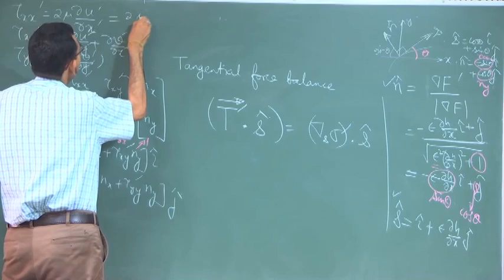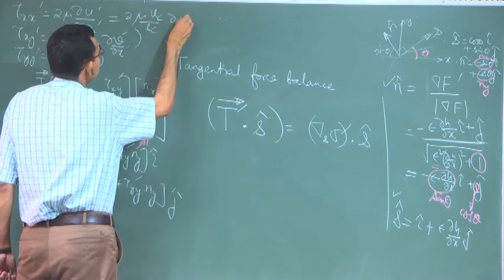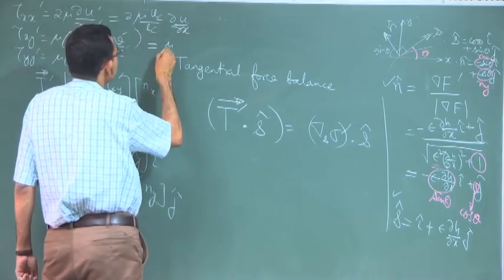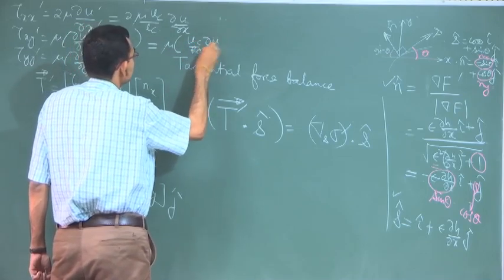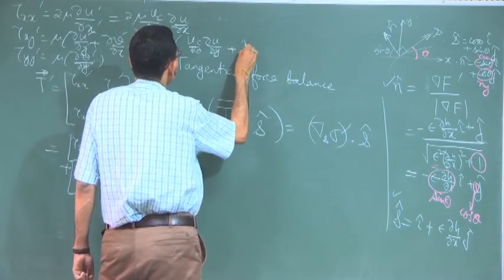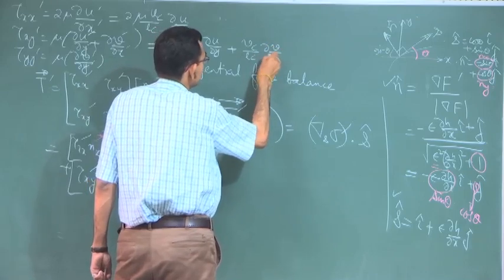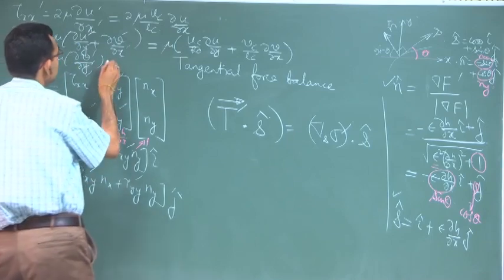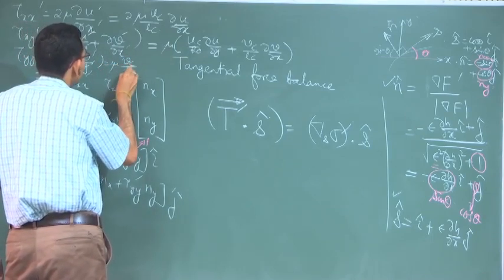So, 2 mu UC by LC, this is mu UC by H naught plus VC by LC and this is mu Vc by H naught.